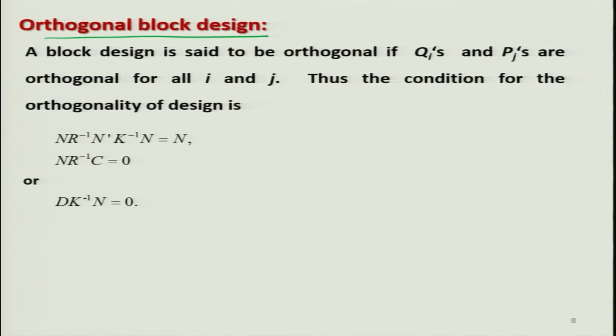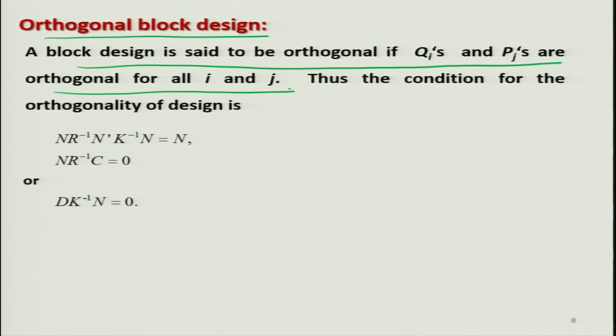So, a block design is said to be orthogonal if Qi's and Pj's are orthogonal for all i and j. The condition for the orthogonality of a block design is that any of these three conditions that you have just found holds true. And you can verify, although we will discuss it, that in the case of randomized block design, the design comes out to be an orthogonal block design.